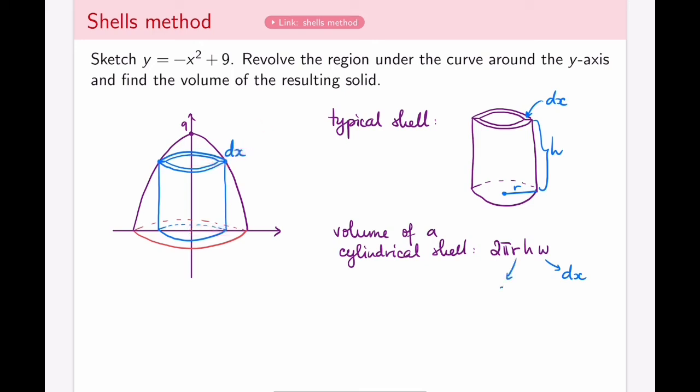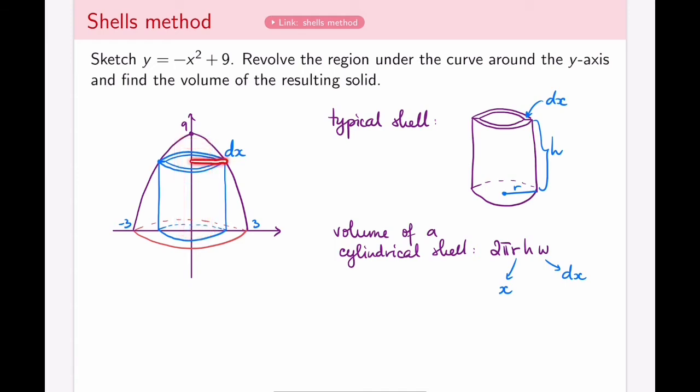If you give me some x anywhere on this particular region from 0 to 3 in this case, right? If you give me any x here, I'll be able to find the corresponding point on the curve and construct the cylinder whose radius is going to be exactly the x that I started with.